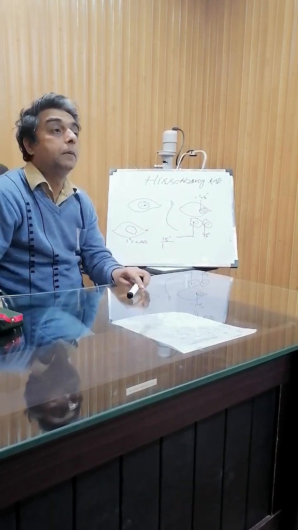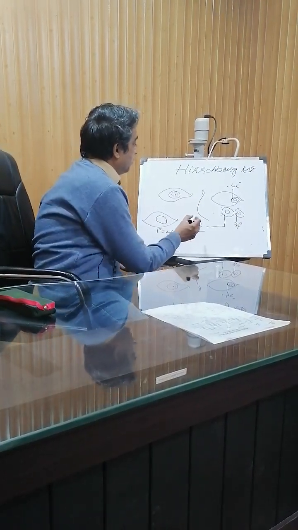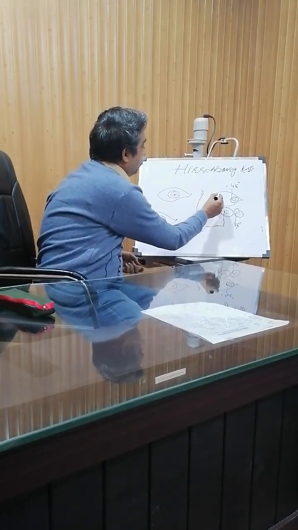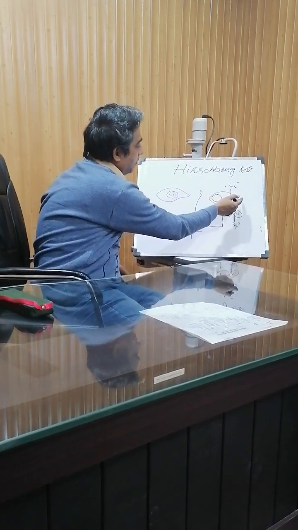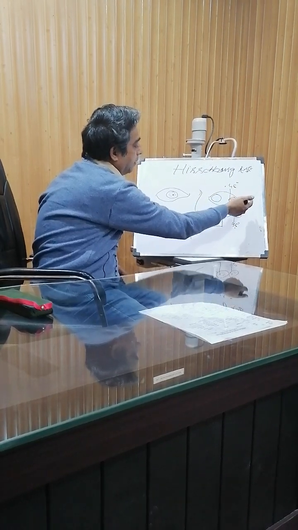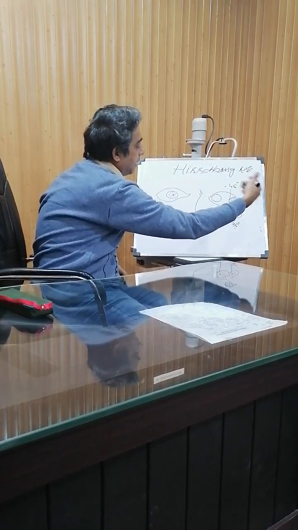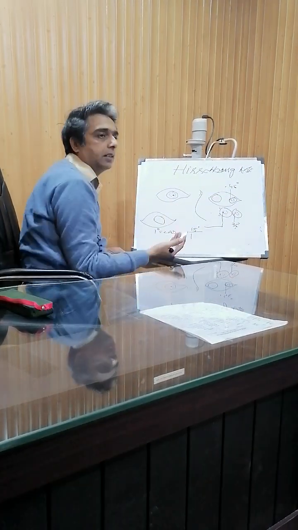So this is the Hirschberg test. The opposite of it can be that the eyeball is here. This is not lateral, exotropia or divergent, and this is esotropia or convergent.